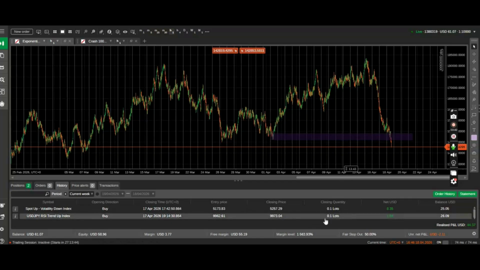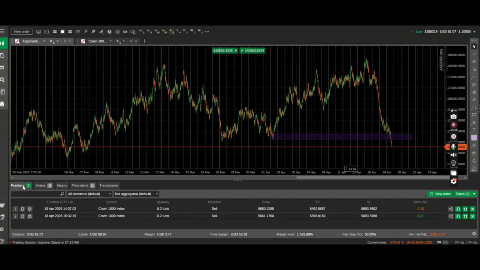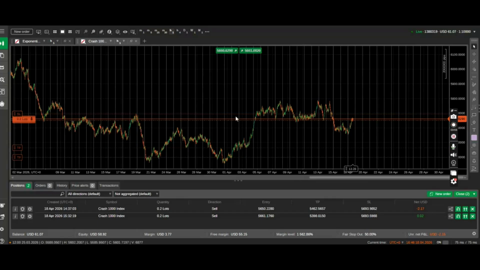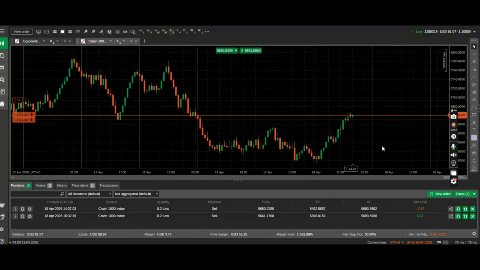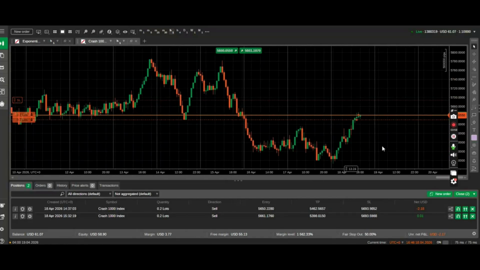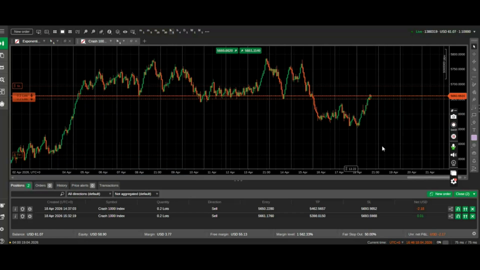So currently my two positions are floating nicely. Well, not yet in profit. We are currently floating at negative $2 running positions on this pair. So yeah, this is the 1 hour chart, so it takes quite a bunch of time for it to play out.